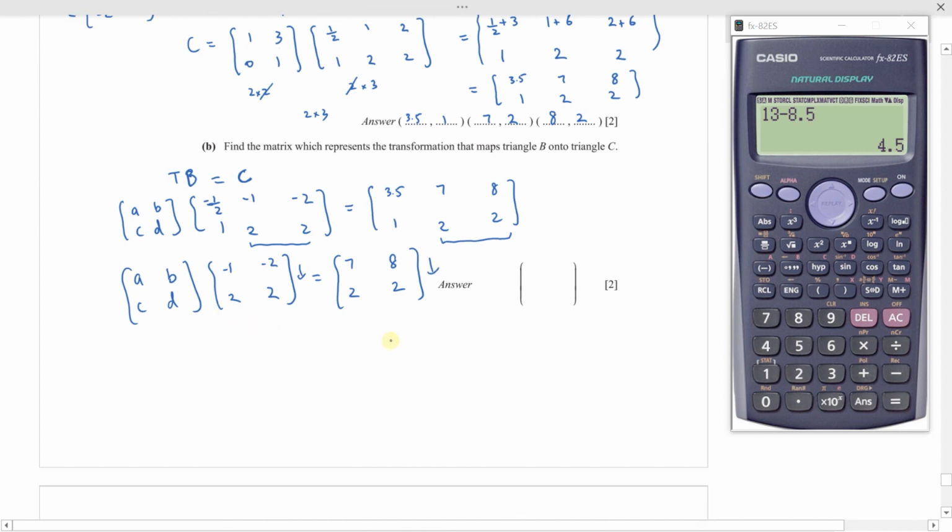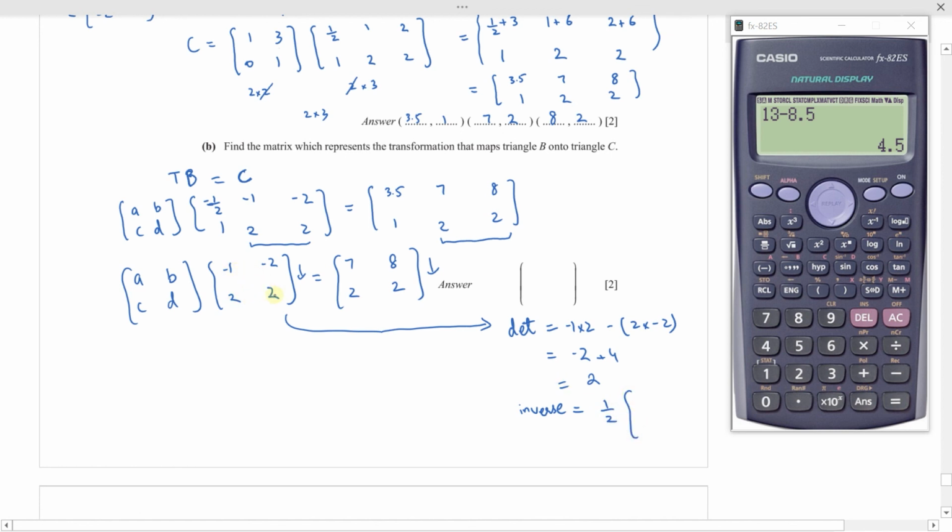So first let's find the inverse here. To find the inverse, first we need the determinant of this matrix. The determinant will be -1 into 2 minus 2 into -2. So this will be -2, and 2 times 2 is 4, minus -4, so plus 4. So the determinant is plus 2. The inverse will be 1 over the determinant multiplied by the adjugate of this matrix.